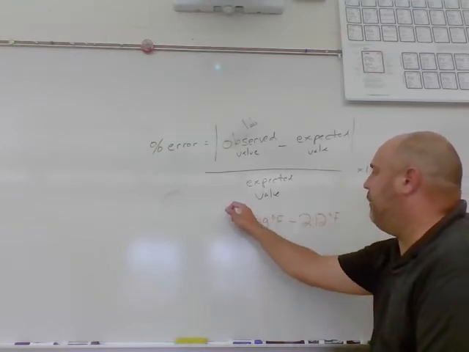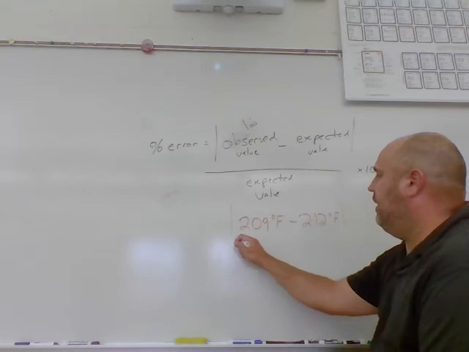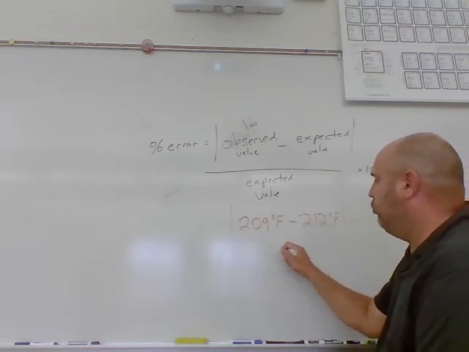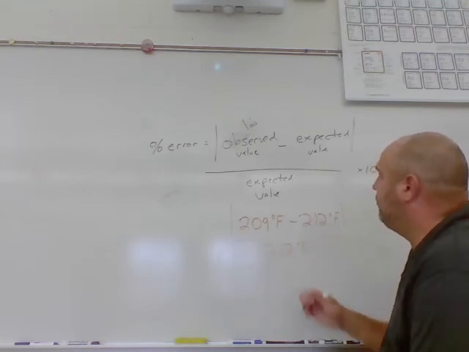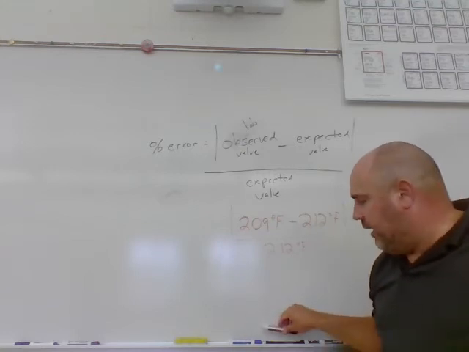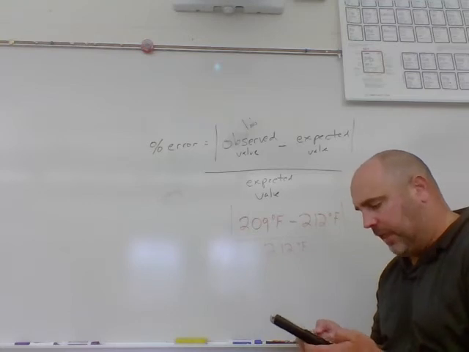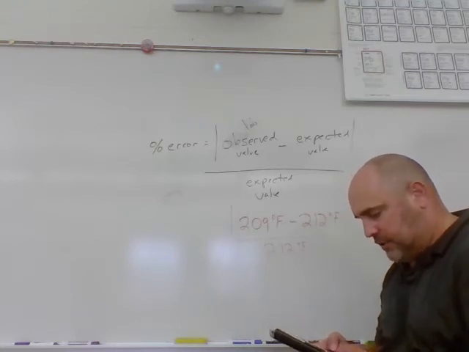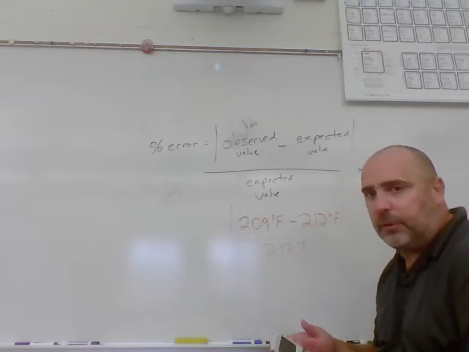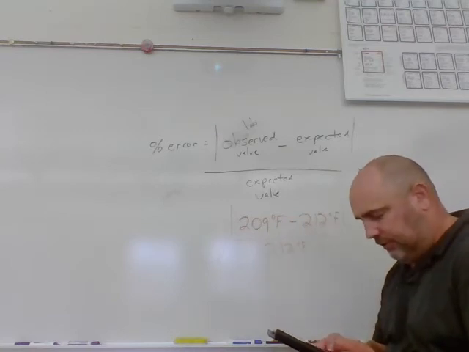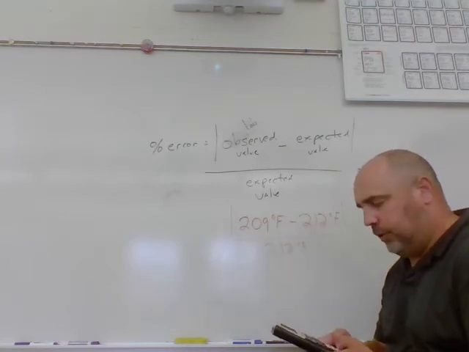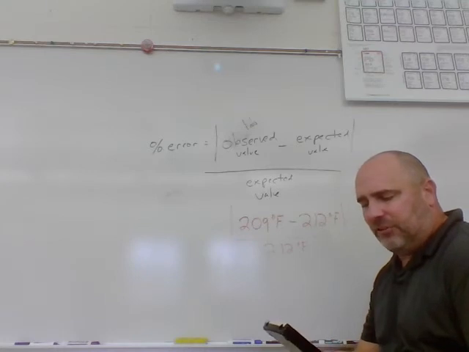You take the absolute value of this and divide it by 212. You use that expected value again. I'll get a calculator out. I take 209 minus 212. I get -3, but I will use +3 divided by 212.